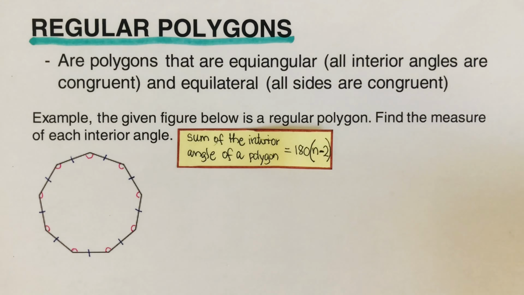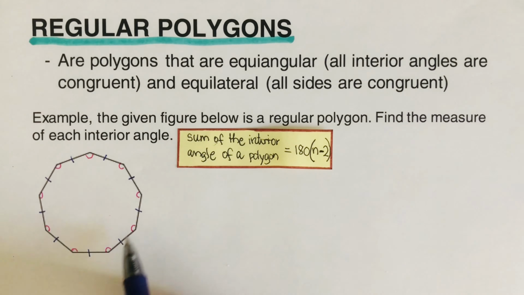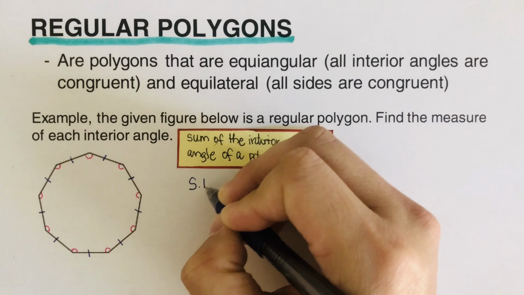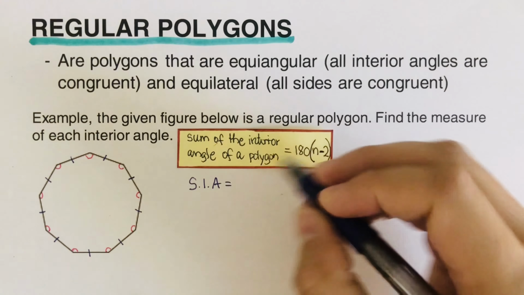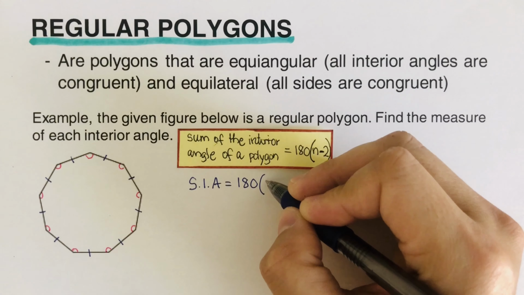From here we can determine the total interior angle of this polygon. The sum of the interior angles is equal to 180 times n minus 2, where n is the number of sides.